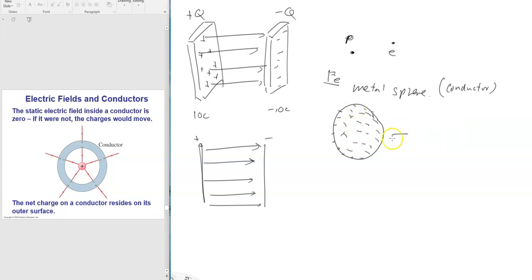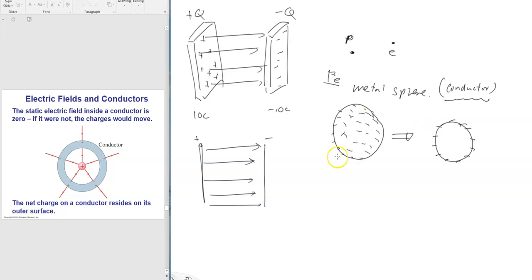What happens is, immediately, it doesn't take much time, all these charges take the maximum distance from each other, and they're all going to be residing on the surface of the conductor. This happens only for conductors, right? There won't be any charges inside. They all try to go to the outer surface.